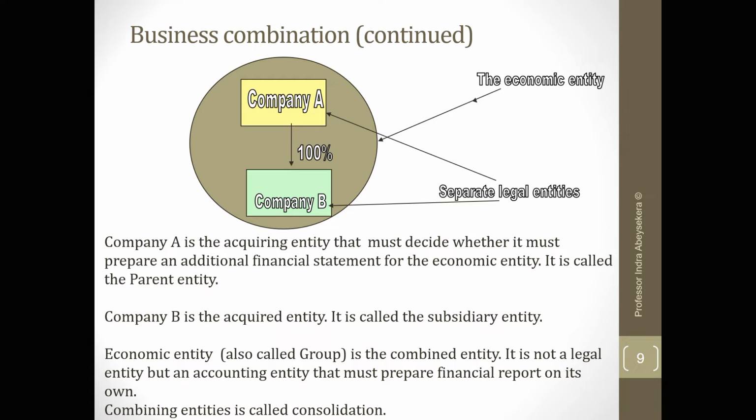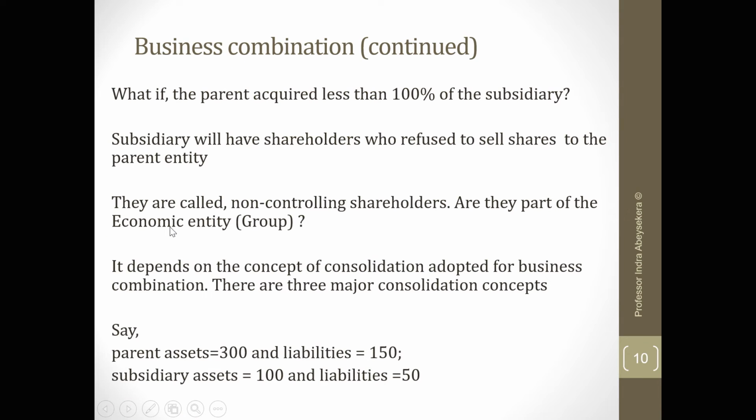By the word economic entity, it's a group entity, and the accounts are usually prepared on Excel. It does not have a dedicated financial system because it's not a legal entity and it's not required to maintain a dedicated financial system of accounts.